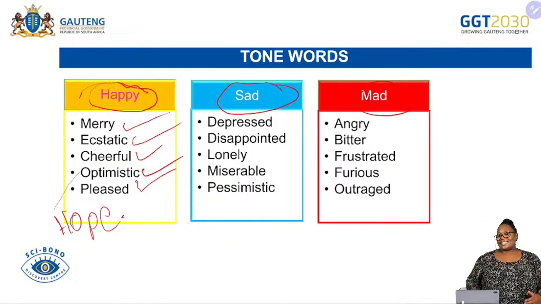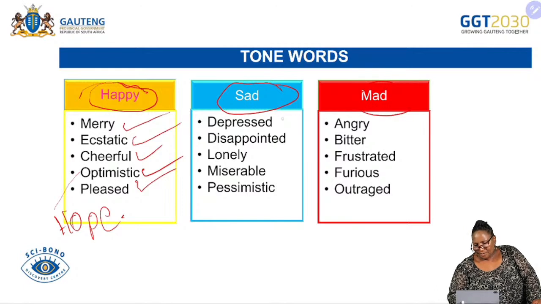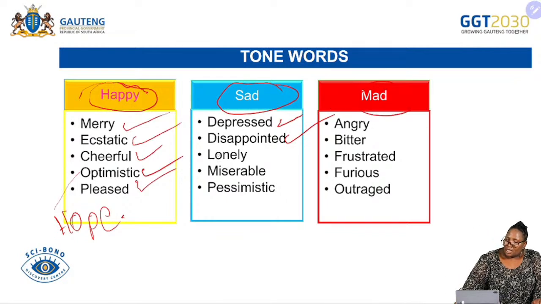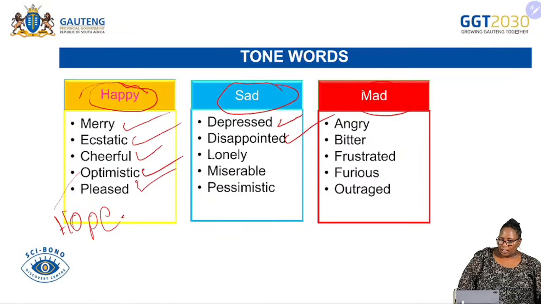When a person is sad, they could be depressed, or they are disappointed at something, or they are feeling very lonely, miserable, or pessimistic. They are not very hopeful. Be of courage, my son. You remember?